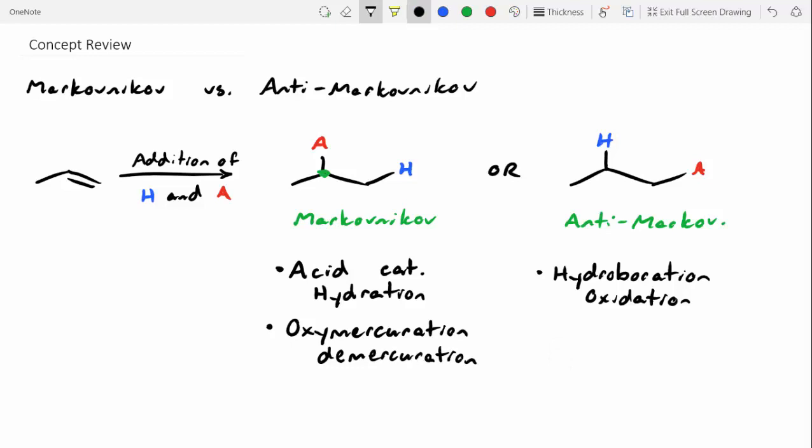All right, let's say I want to install a halogen like bromine, and I want it to go Markovnikov. What should I use? I want to install a halogen instead of an alcohol, and I want it to go in the Markovnikov position. What reagents do I need?